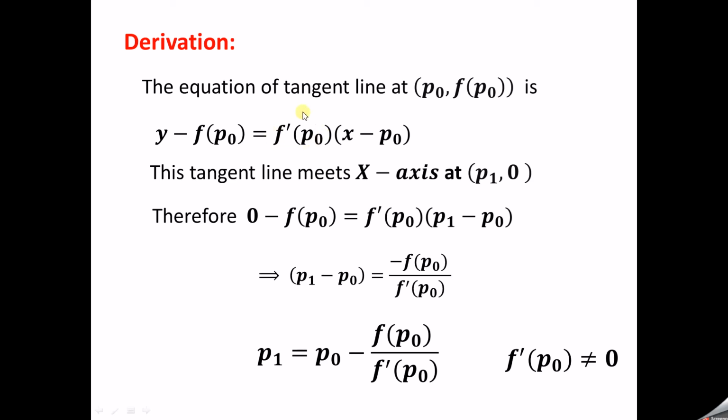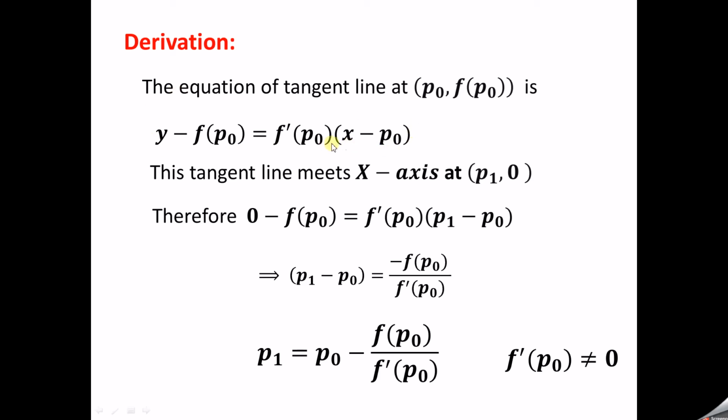Slope is nothing but the derivative of the function at that point. So slope is f derivative at P naught times x minus x naught, the x coordinate value. So this is the equation of the tangent line: y minus f of P naught is equal to f derivative of P naught times x minus P naught.